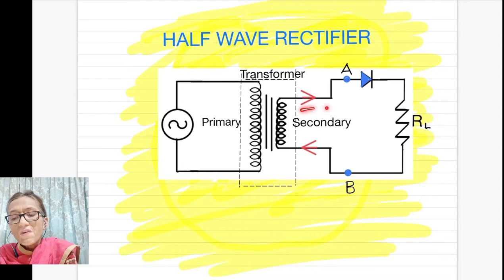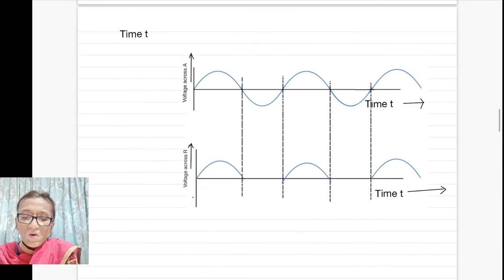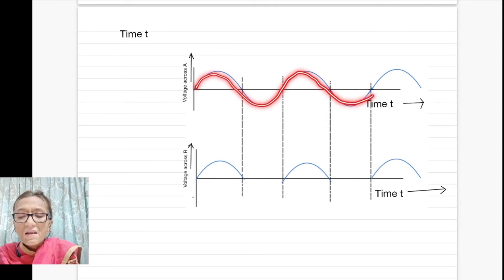So the EMF induced in the secondary will also be time varying. Before the diode at point A, you have this form of voltage versus time graph. This is a sinusoidally varying voltage with respect to time.